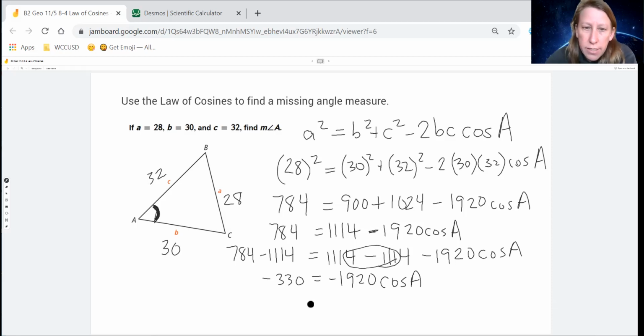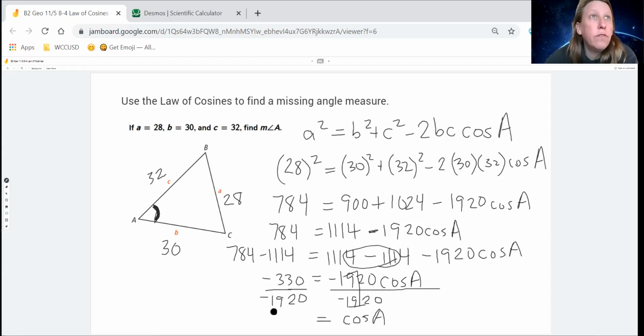The good thing about this is I'm going to divide both sides by negative 1920. What's good about that is that a negative divided by a negative is a positive. So this is going to be some little teeny tiny decimal. This is 1, so this is 1 times the cosine of A, which is cosine A. And let's figure out what this little decimal is.